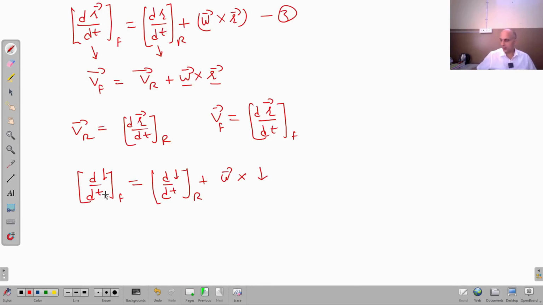So now let this be equation number 4. I am putting here B f vector. So what will I get?